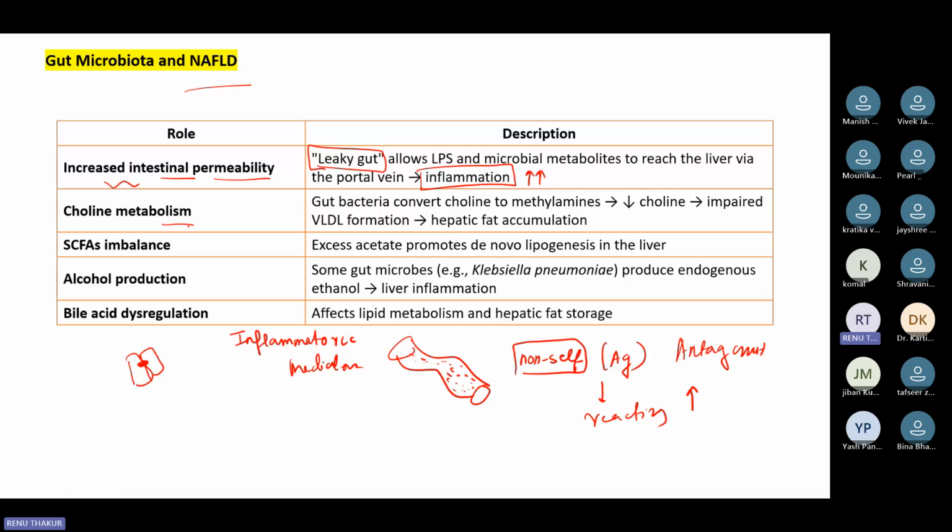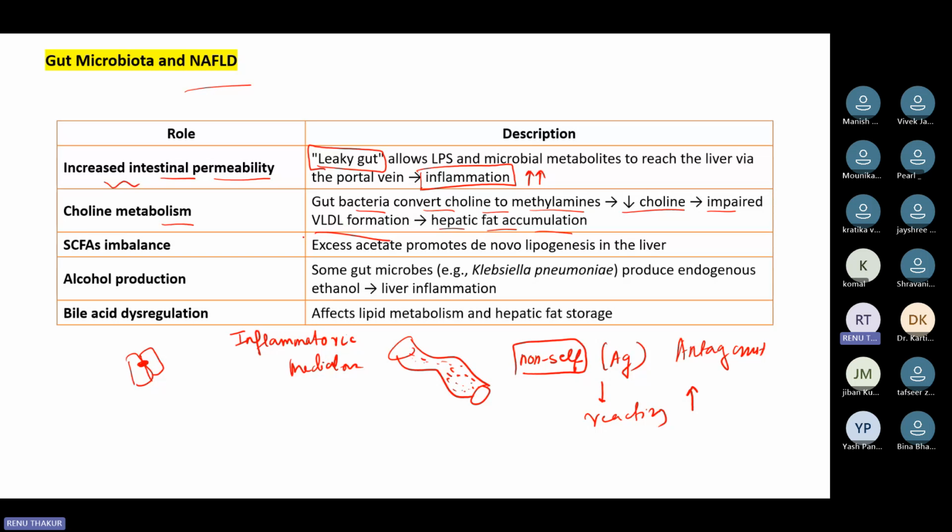Choline metabolism. So gut bacteria convert choline to methylamines and therefore there is a decrease in choline, which will impair VLDL formation, which is the reason for hepatic fat accumulation. Now, VLDL is what? Very low density lipoprotein. There are different kinds of lipoproteins.